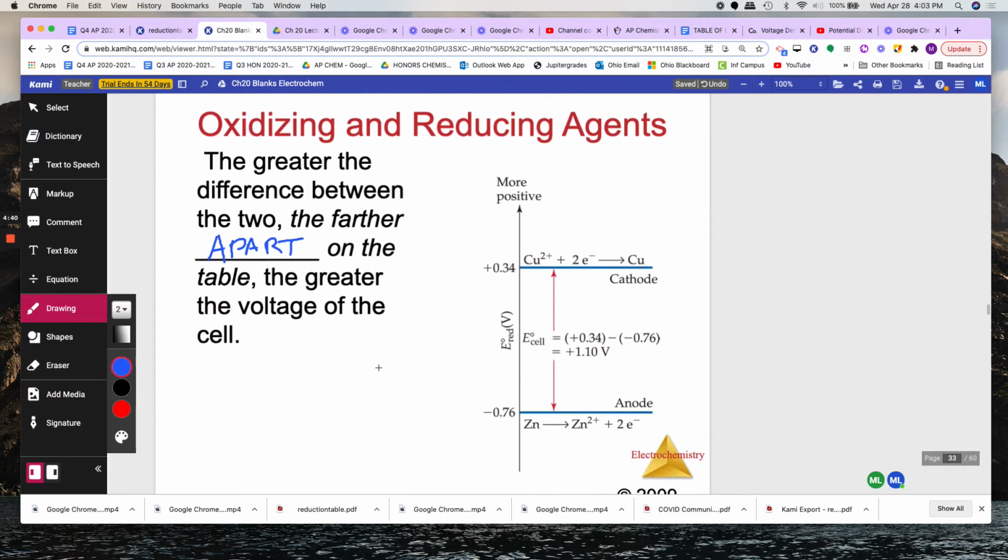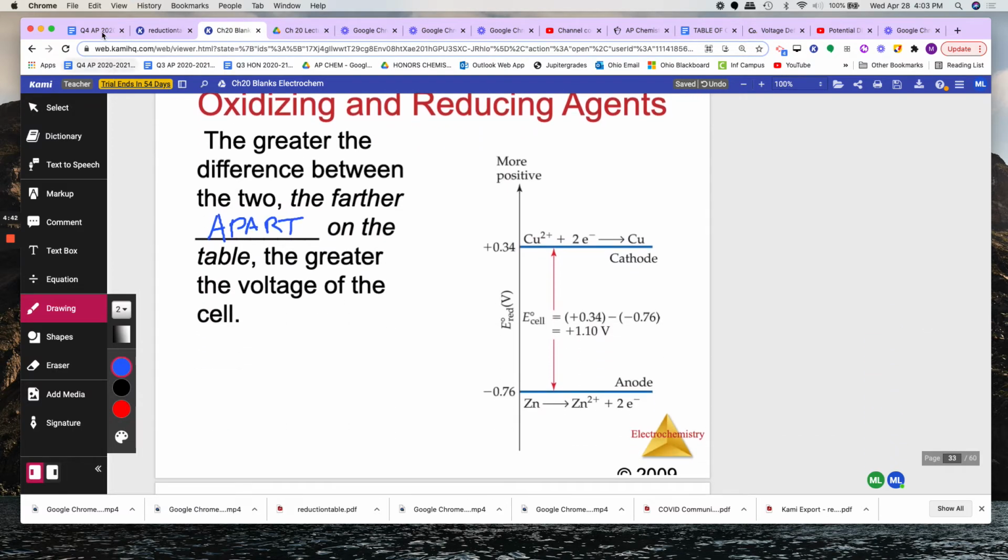Okay, so in this chart, you can obviously see that the farther apart they are on the table, the more potential you're going to get, because this is going to be plus 0.34 cathode minus the anode, right? So you're going to become more positive, a big positive number.